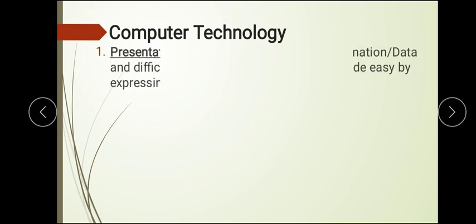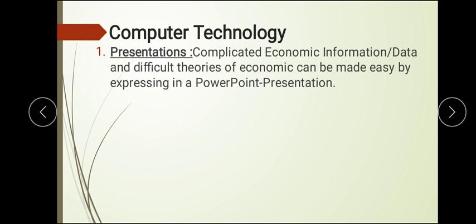So first is presentation. The word presentation means PowerPoint presentation. Many of the complicated theories and data given by different economists can be easily understood with the help of presentation. For example, I am converting the topics into different slides and writing the main key points on each slide, and then I explain.